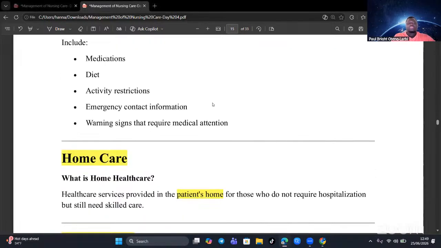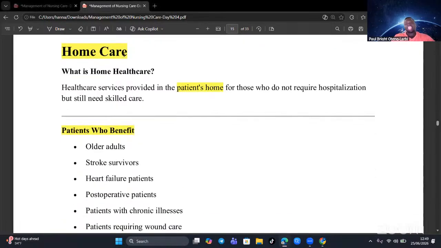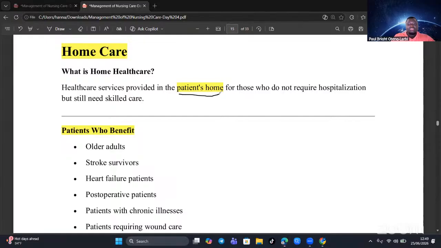Yes. So now the patient is home. He has gone to home care. Victor's company has sent people into the patient's home. Why? Because the patient still needs nursing care, but his condition has been stable so that he does not require hospital admission.